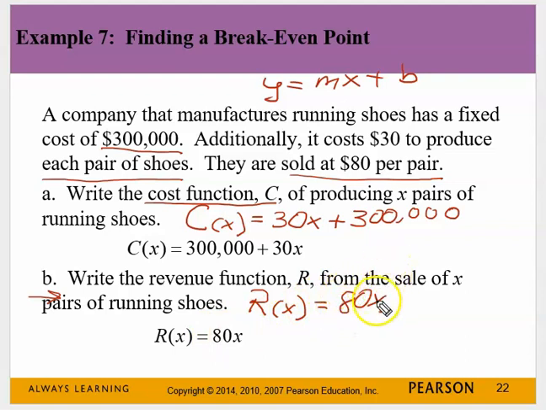Now, you want to find what is called the break-even point. Remember, we can always substitute the function symbol with a y. So in a sense, this is y equals this, and this is y also. So we're now, in a sense, given the possible equation of y equals y. All right, let's set that up.